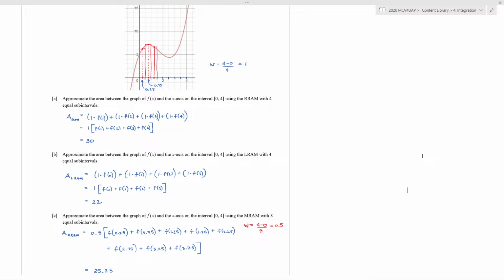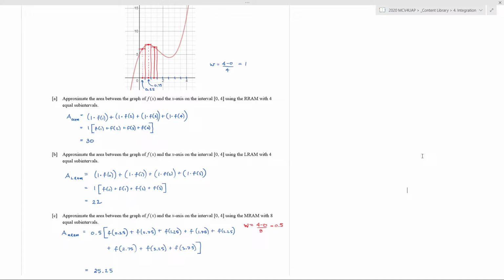I have to plug those x values into the function to get the height of each rectangle, because the height is dictated by the midpoint of each rectangle. So rather than write 0.5, which is the width, multiplied by the height 8 times, I've just written 0.5 outside the square bracket because the 0.5 is common to every rectangle.